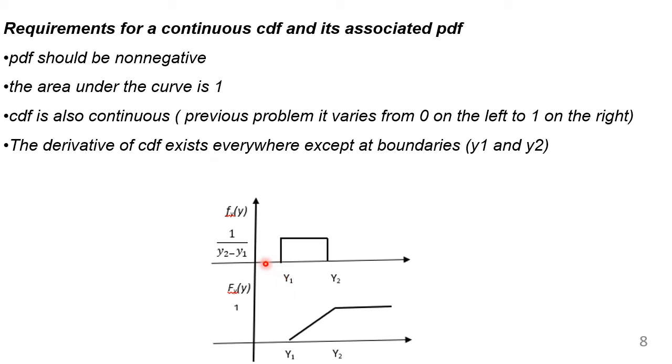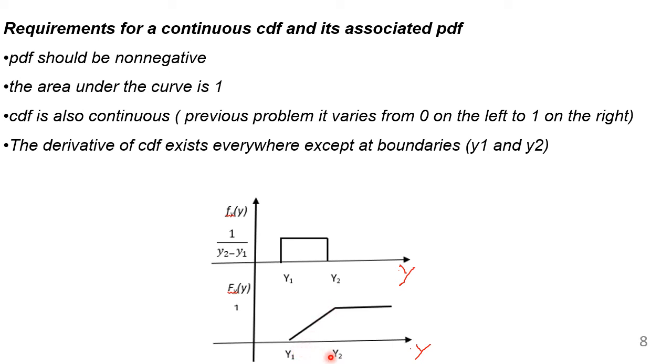We will take the previous problem. F_Y(y) is defined for the uniform random variable, and this is the plot of F_Y(y) versus y. We have calculated F_Y(y) and plotted it here with respect to y. Between y1 and y2 its value varies, and the formula is y minus y1 divided by y2 minus y1.